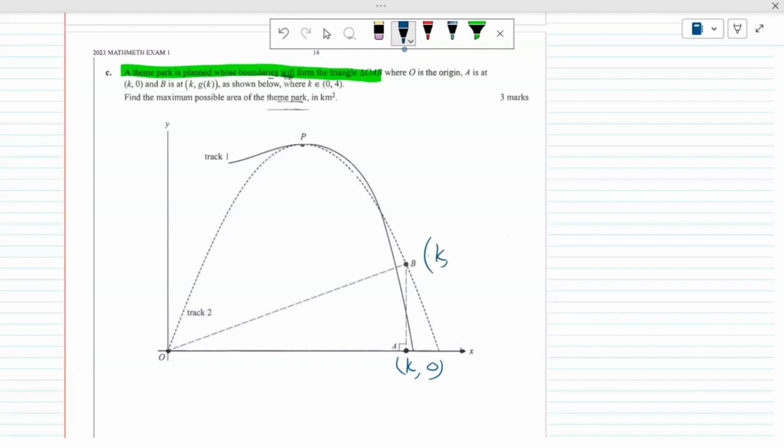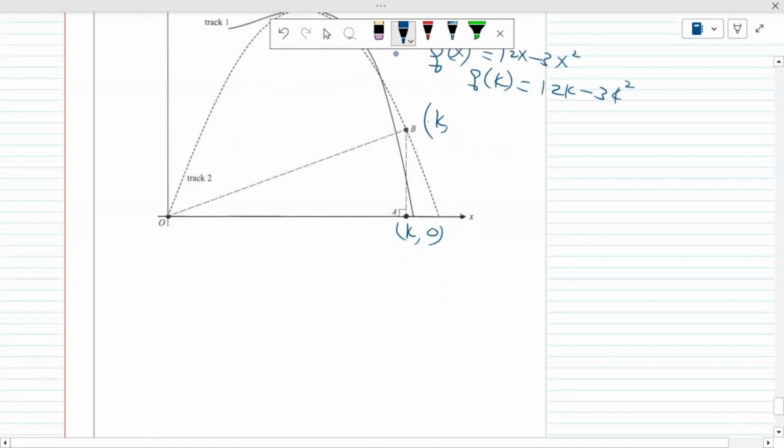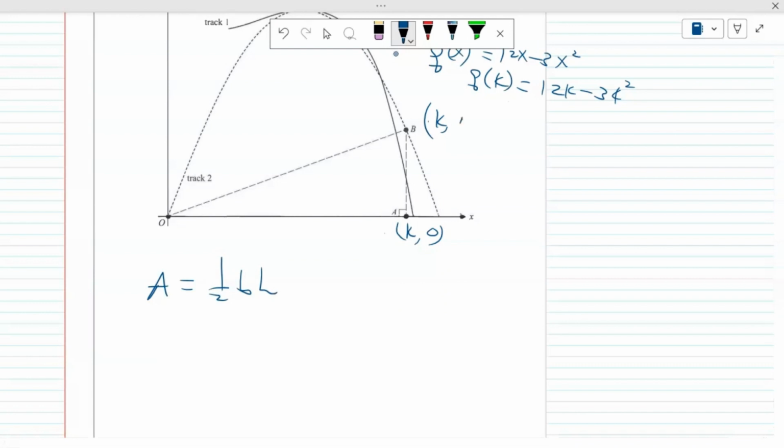So now k, my g of x is 12x minus 3x squared. So input k, 12k minus 3k squared. Now it's a triangle, so the area of a triangle is half base times height. So my base is k, my height is 12k minus 3k squared.